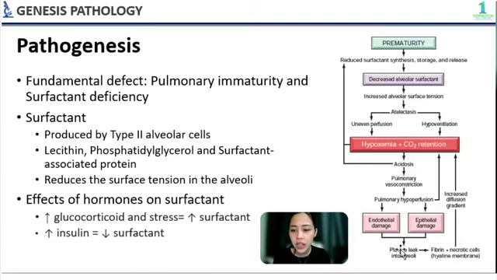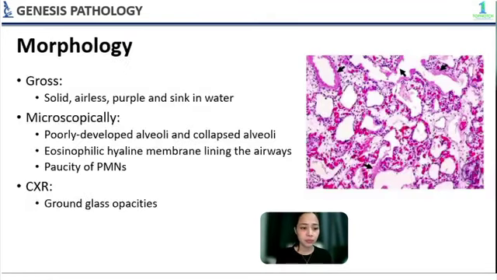Okay? Tapos yung hyaline membrane na to, this is an additional barrier to gas exchange, causing further hypoxemia and carbon dioxide retention. Yung hypoxemia na to, it will further impair surfactant synthesis. So nagkakaroon tayo ng vicious cycle.